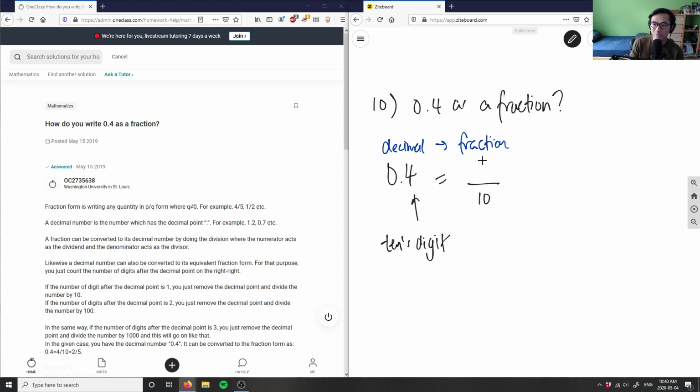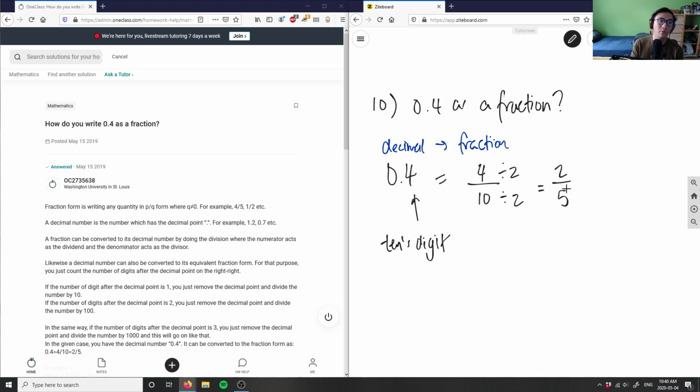And then I simply have 4, or whatever is written in the decimal here, as the numerator. So I have 4 over 10 here as my fraction. And then what I can do, again, is reduce to lowest terms. So I have 4 and 10 here, both of them are divisible by 2, right? So I'm going to divide the numerator by 2 and the denominator by 2. 4 divided by 2 is obviously 2. And then finally, 10 divided by 2 here is 5.